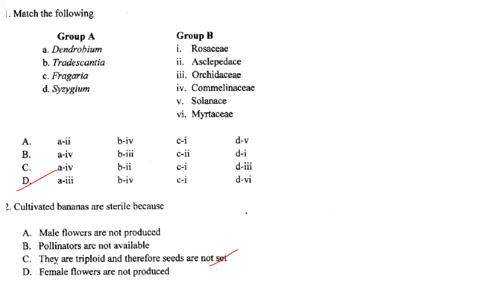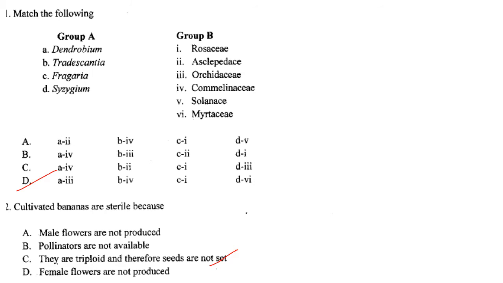So coming to the first question, match the following. Dendrobium belongs to family Orchidaceae, A3. Then Tradescantia is B4, that is Commelinaceae.